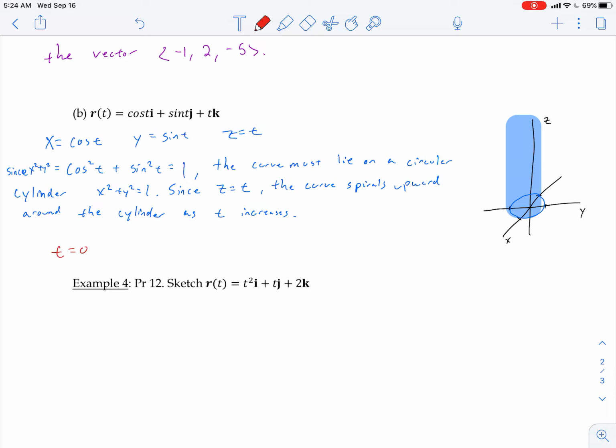So it's going to start at t equal to 0, so we'll start there.